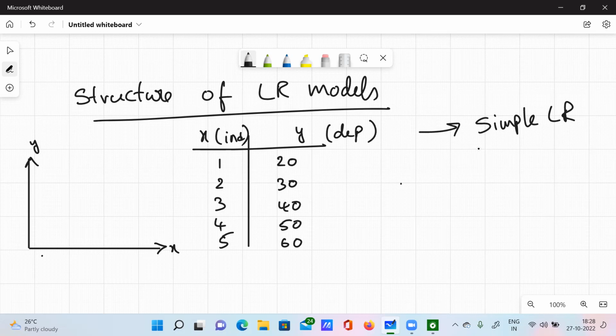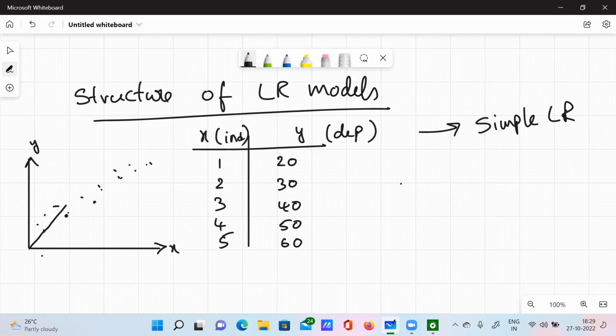When you plot 1 comma 20, this is the 1 and this will be the 20 here. And 2 comma 30, then this will be the point here. Likewise, you'll get some points like this.